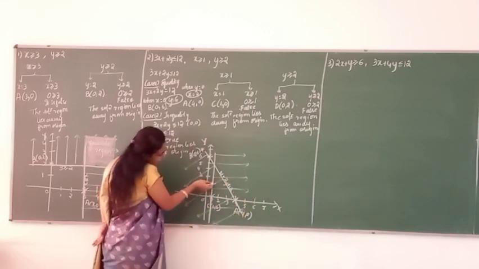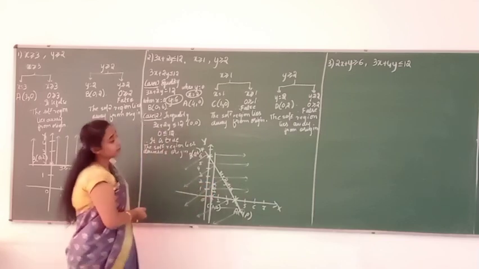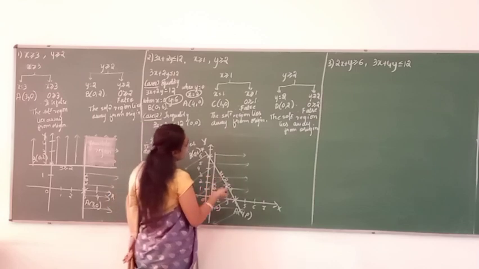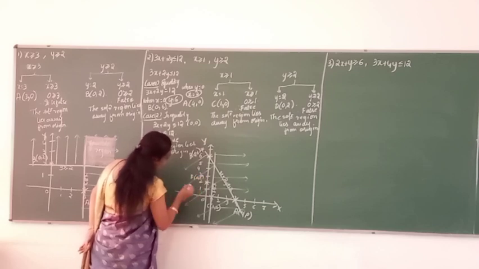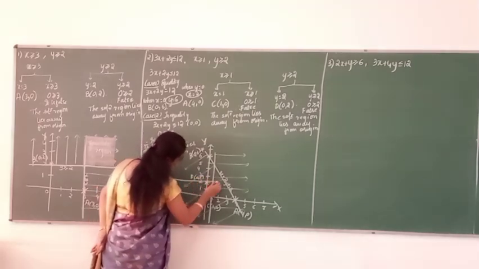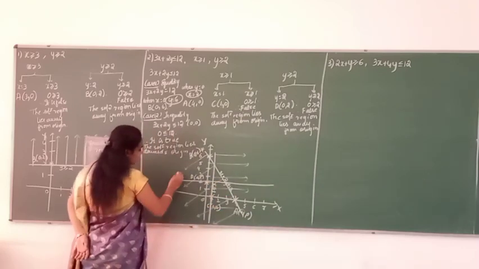This you can write as x greater than or equal to 1. Okay. And next y is greater than or equal to 2. So we will be getting the D point here. So it is away from the origin.